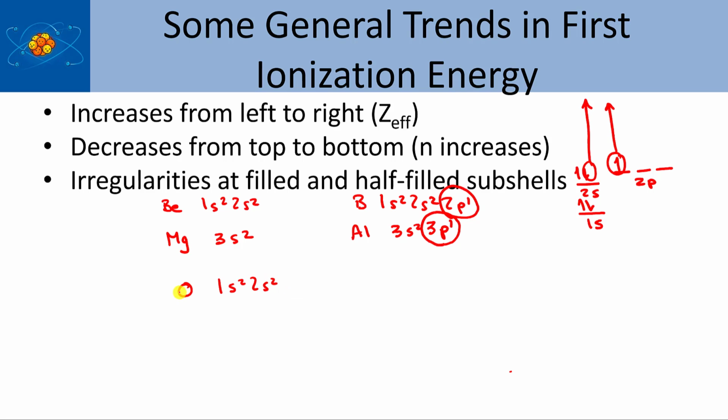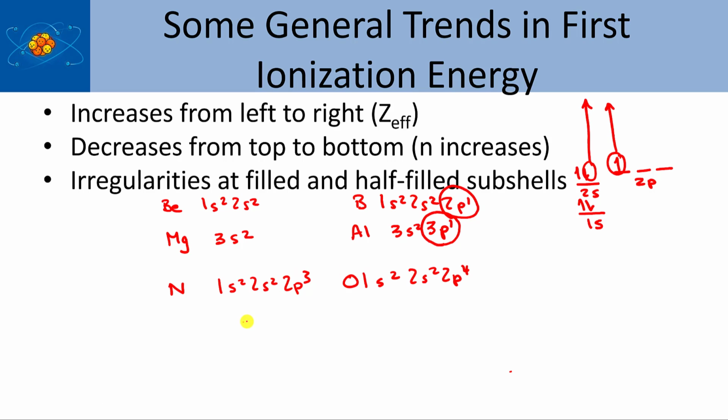Well, actually, I should do nitrogen first because it's on the left side. 2s2 and then 2p3. For oxygen, it's 1s2, 2s2, and then 2p4. Now, it doesn't look at first like there's anything significant going on here, but what if you draw the orbital diagram, right?